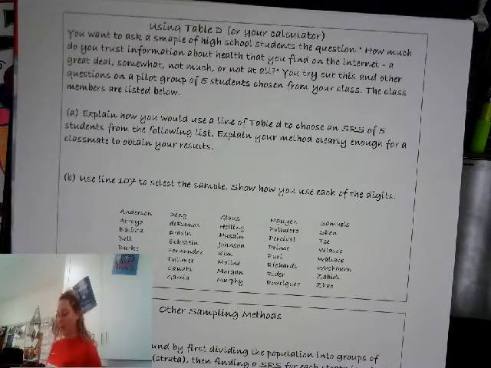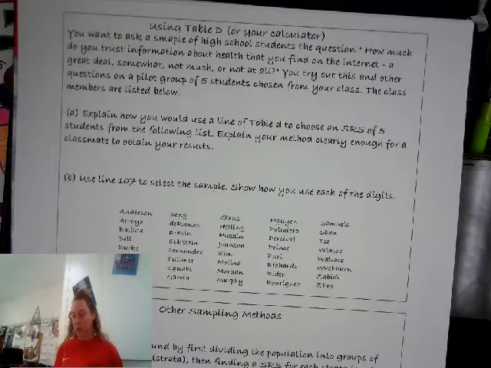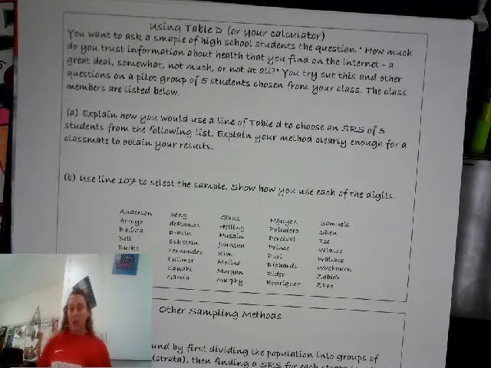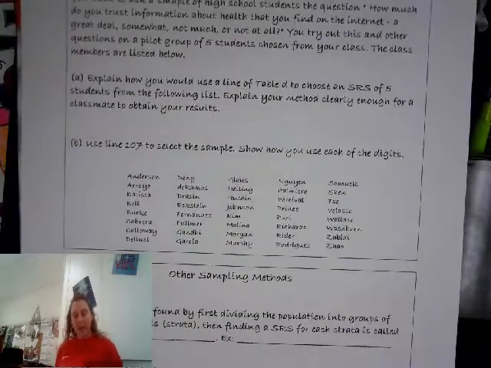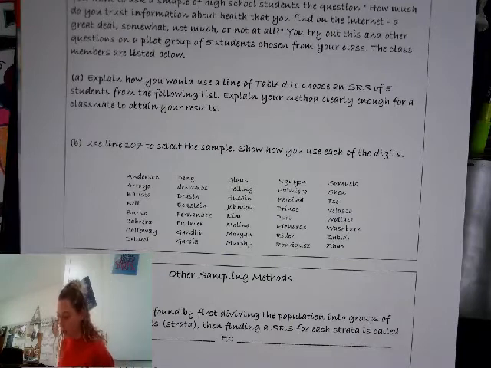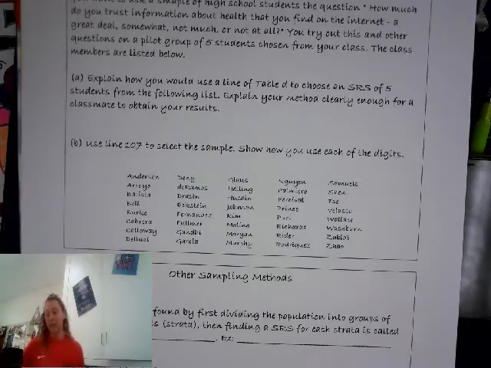A great deal, somewhat, not much, or not at all. You try out this and other questions on a pilot group of 5 students chosen from your class. The class members are listed below by last name. Explain how you would use a line of table D to choose an SRS of 5 students from the following list. Explain your method clearly enough for a classmate to obtain your results.